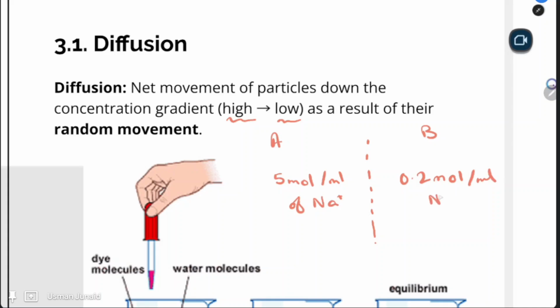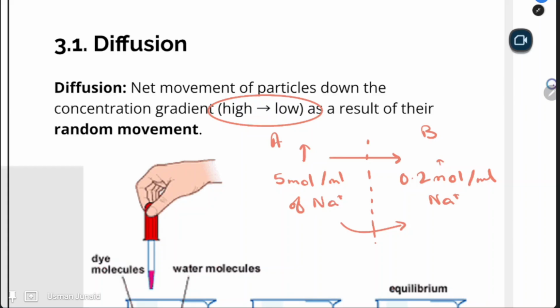Where do you think the particles would move? To B. To A, sorry. From A to B. Okay, from high to low. So this is a higher concentration and this is a lower concentration, right? So this moves from A to B.